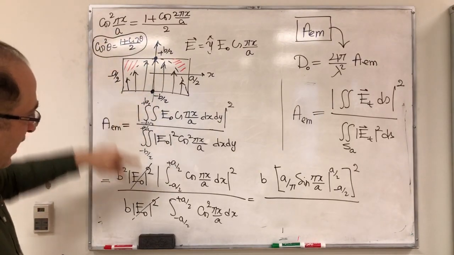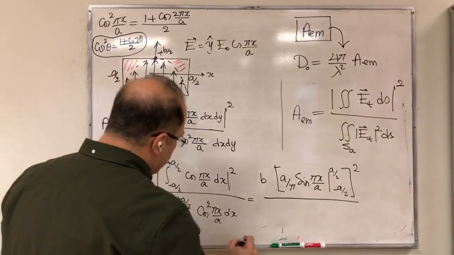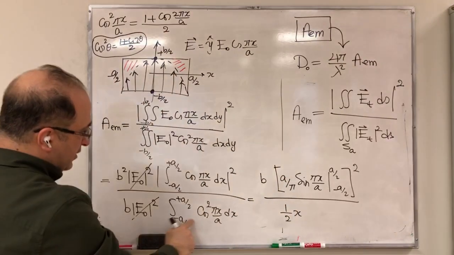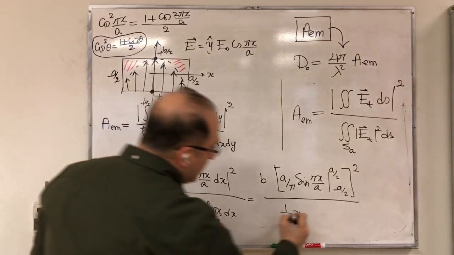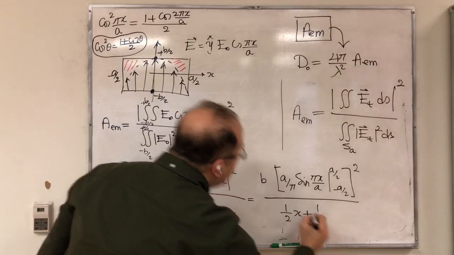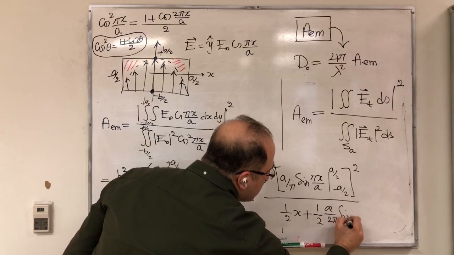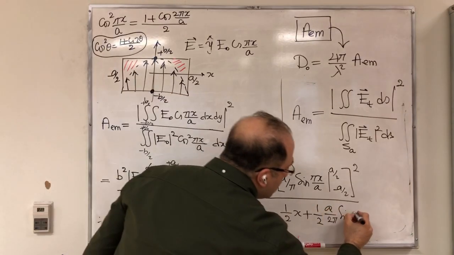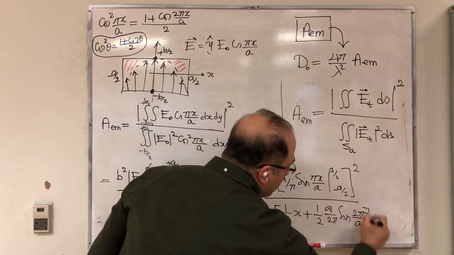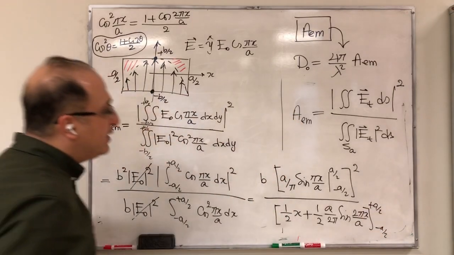So if I do that, then if I integrate this, the result of integration becomes 1 divided by 2 x plus, I have a 1 divided by 2 here, and then a divided by 2 pi sine of 2 pi x divided by a, and the whole thing from minus a divided by 2 to plus a divided by 2.